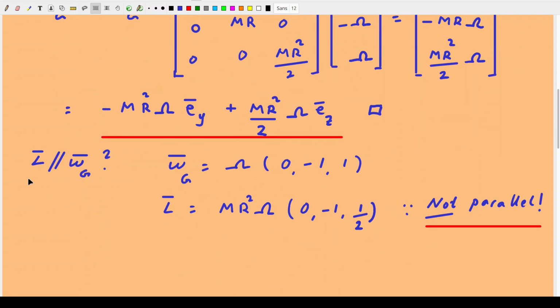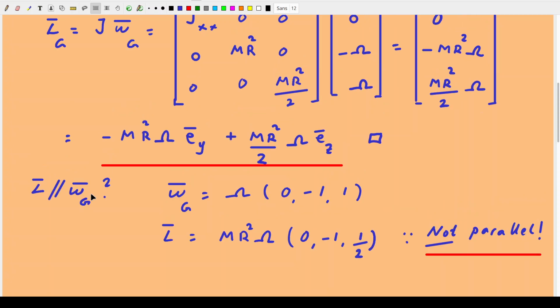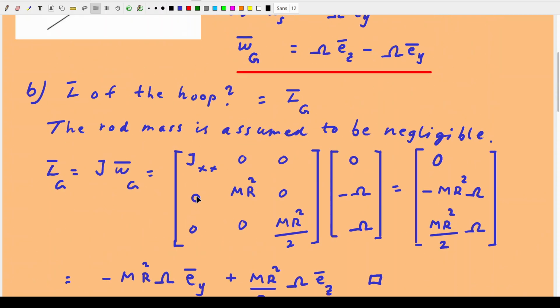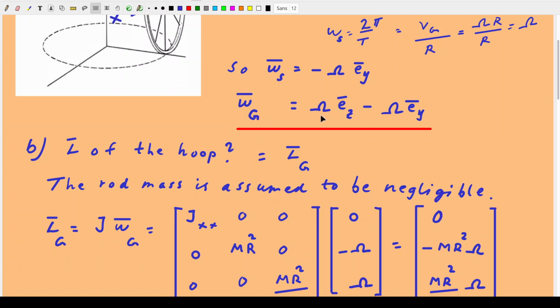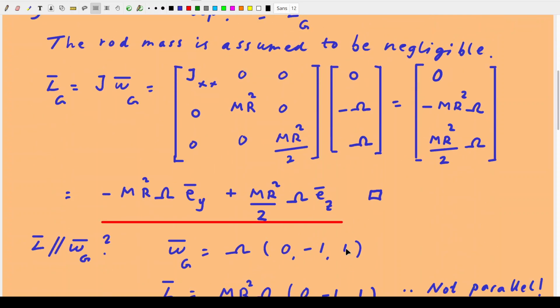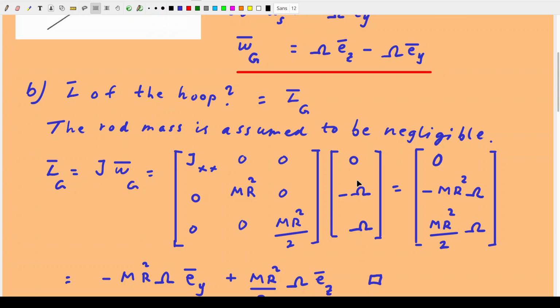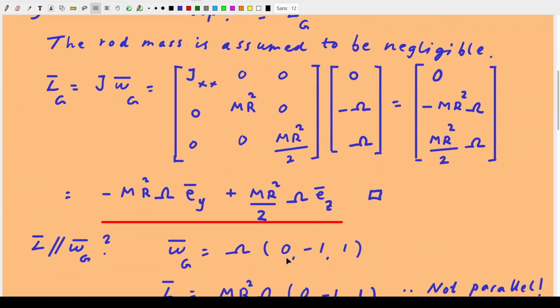So are those vectors actually parallel or not? We look at the omega. You see omega, z component 1, minus for the y component, and nothing in the x component.